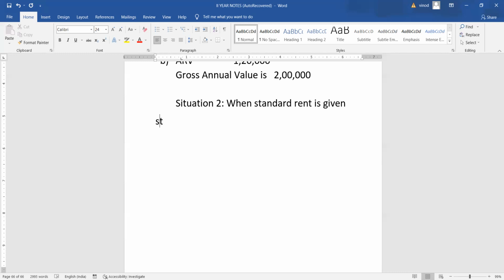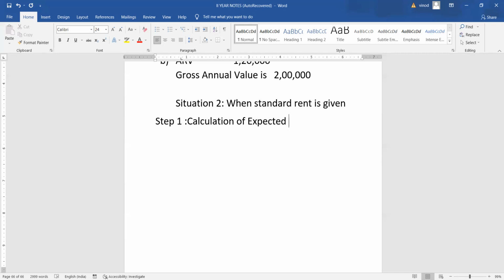In step 1, we should take the calculation of expected rental value. It is similar to the previous one.